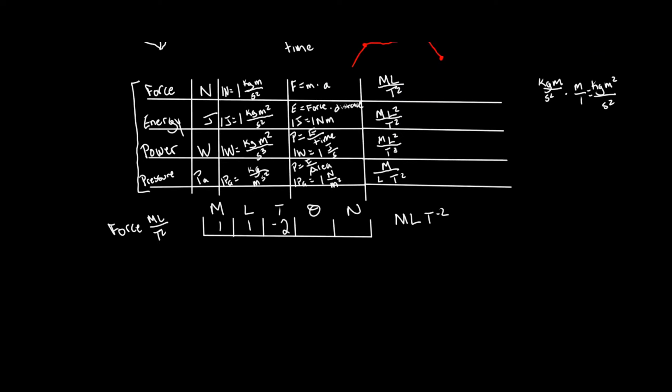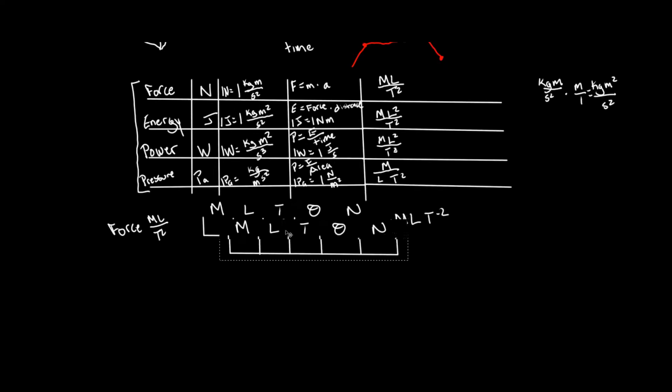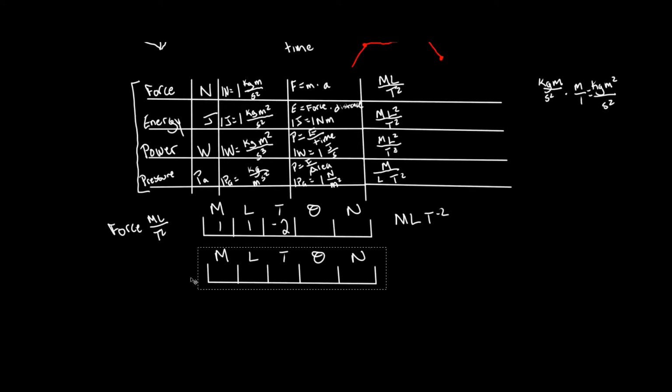Now, let's do another one. This time we're going to, oops, I swear that paste version, every time I try to Control V, it never works. This time, let's just jump straight to pressure. Or actually, let's do power. It's one of the bigger ones. Power is a mass length squared over time cubed.